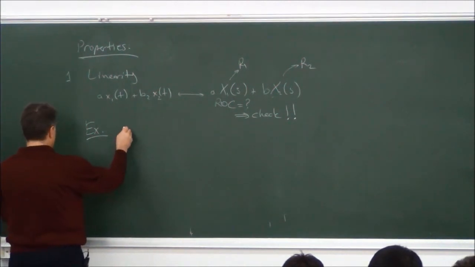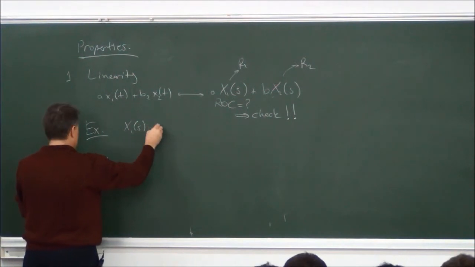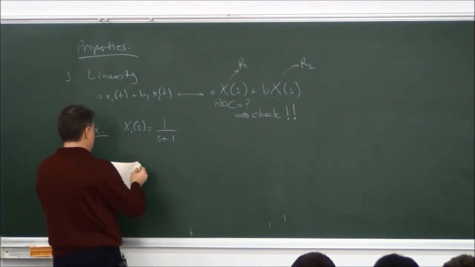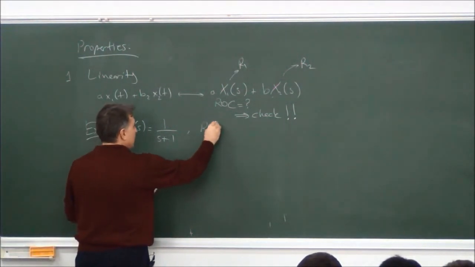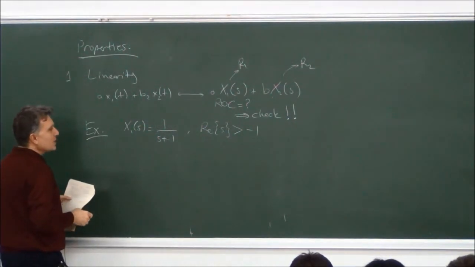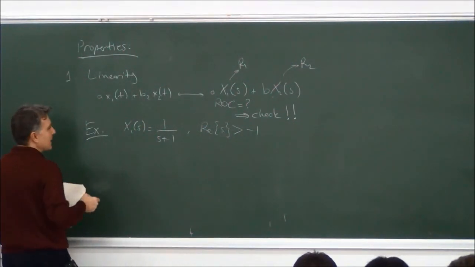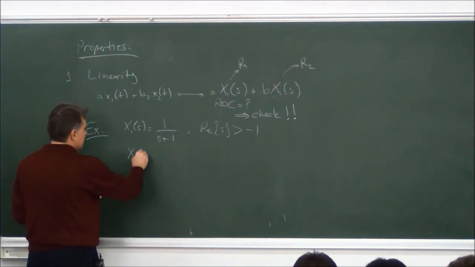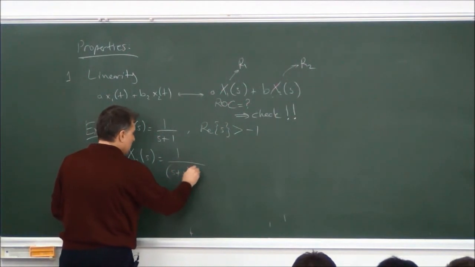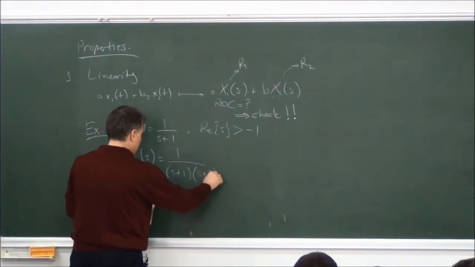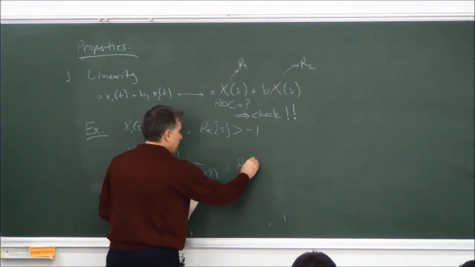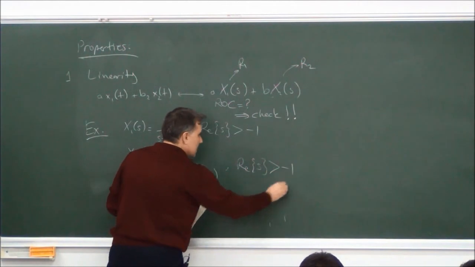For instance, x1 of S is a first order system like this, and the region of convergence is real part of S is greater than -1, so it is causal and stable. And the other system that we have is equal to 1 over S plus 1, S plus 2. And the region of convergence is again real part of S is greater than -1.